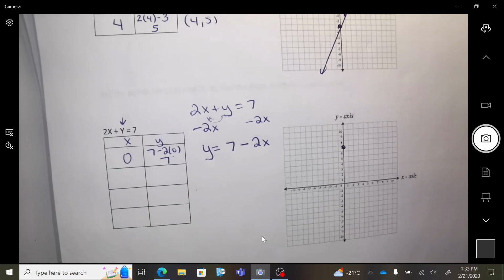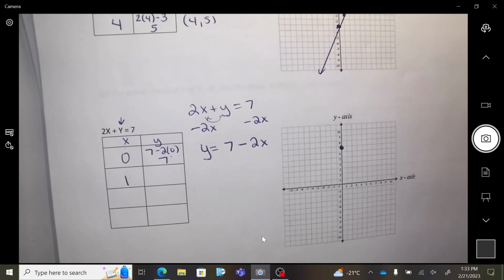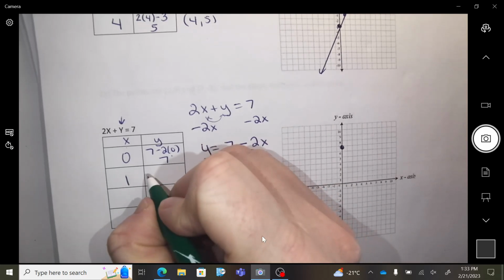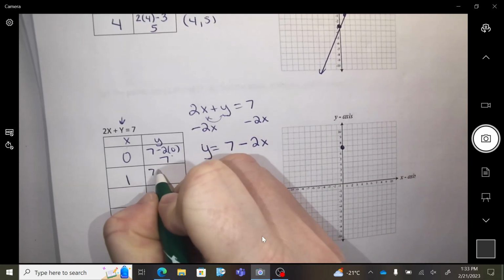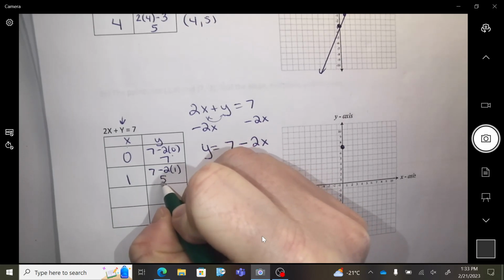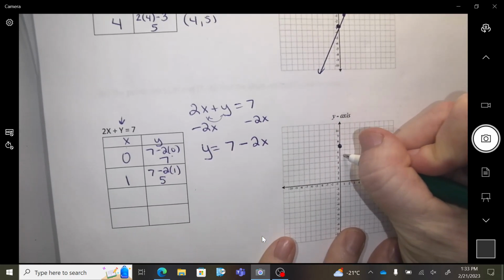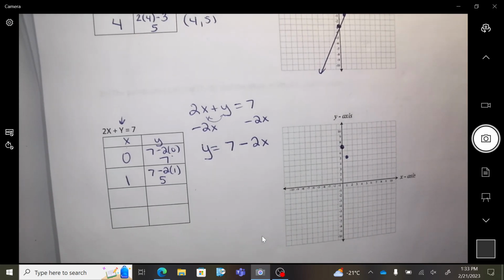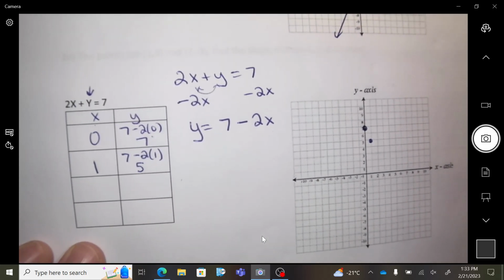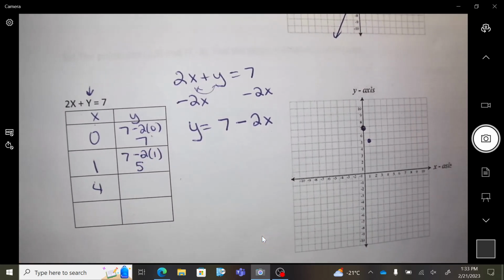Okay, what else do you want to do here? Do you want to do a 1? Okay, so I'm picking just anything, but not anything crazy. What is y? 7 subtract 2 times 1. Did you pick 5? There's 1 comma 5. Okay, I'm going to go a little bit bigger. I'm going to go with a 4.